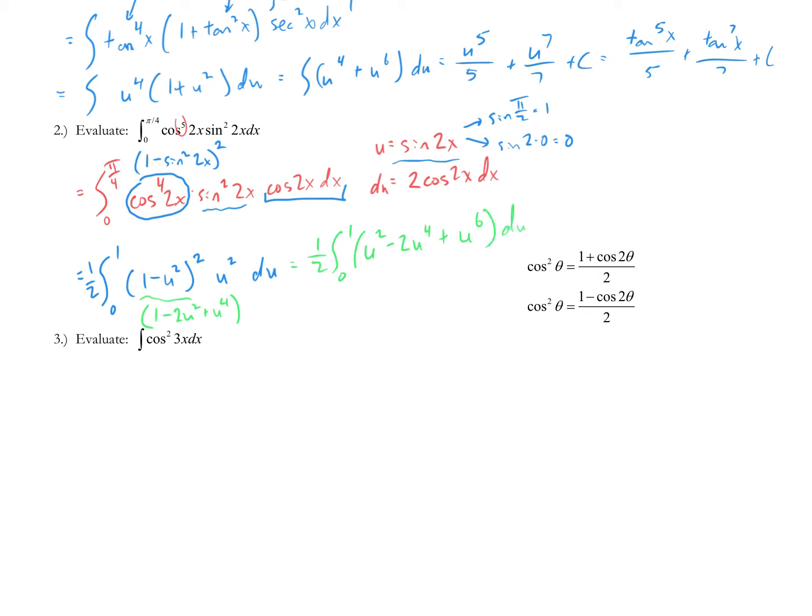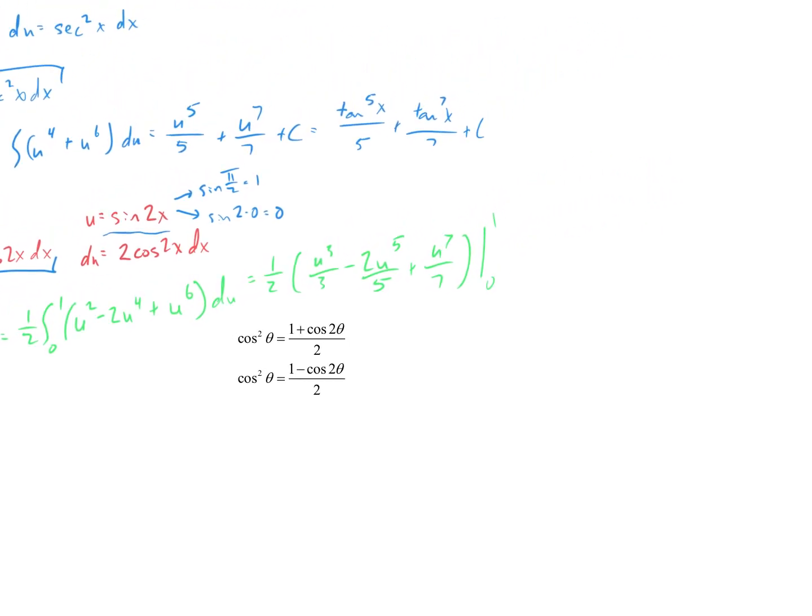Okay, I'm running a little bit low on space here, but I'll just keep going over to the right. Then that is equal to, let's take our antiderivative now, so 1/2 out in front, u to the 3rd over 3 minus 2u to the 5th over 5 plus u to the 7th over 7. And then we're going to evaluate that over the bounds from 0 to 1. And let's move over a bit more.